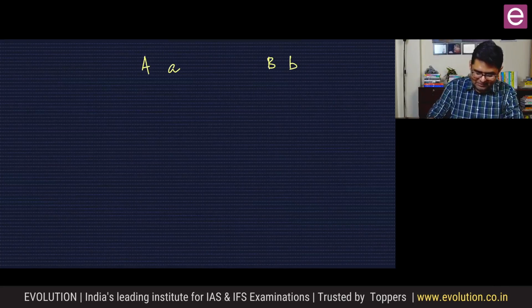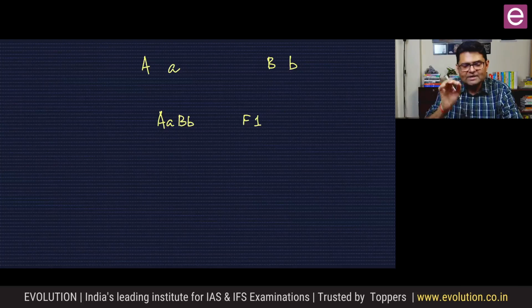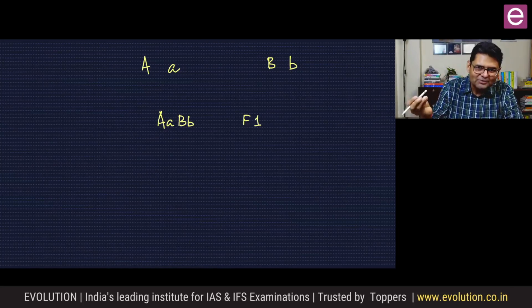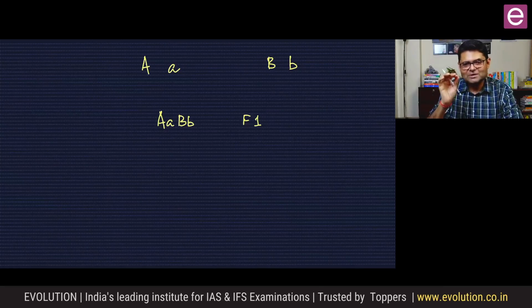So when there is a dihybrid F1, which is heterozygous for both the genes A and B, when it comes to produce the gametes, it will produce all the 4 types of gametes. In other words, all the 4 combinations of A and B will be seen.